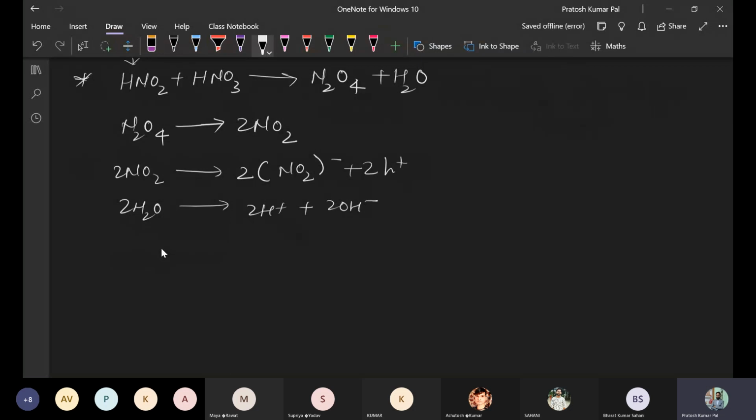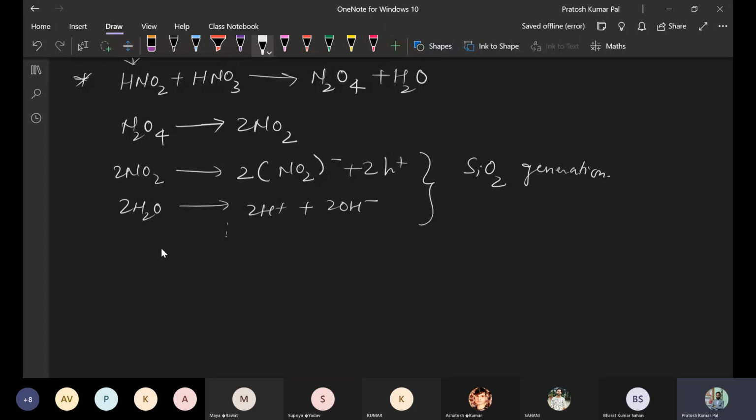Further reactions will take place similar to the above, and here basically SiO2 will be generated. This is the anodic reaction. This is the cathodic reaction, and then the SiO2 will be formed.